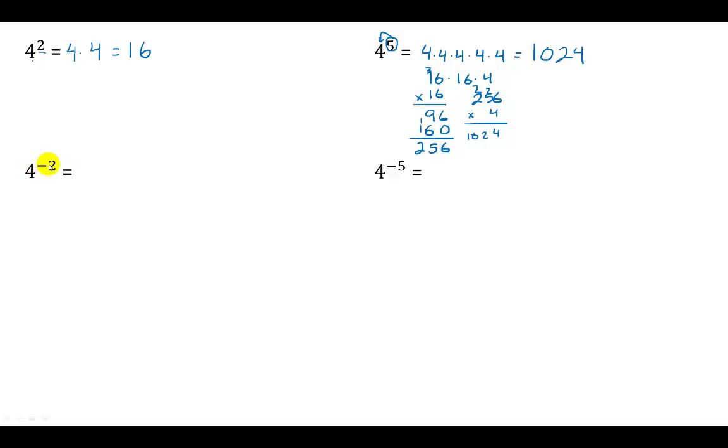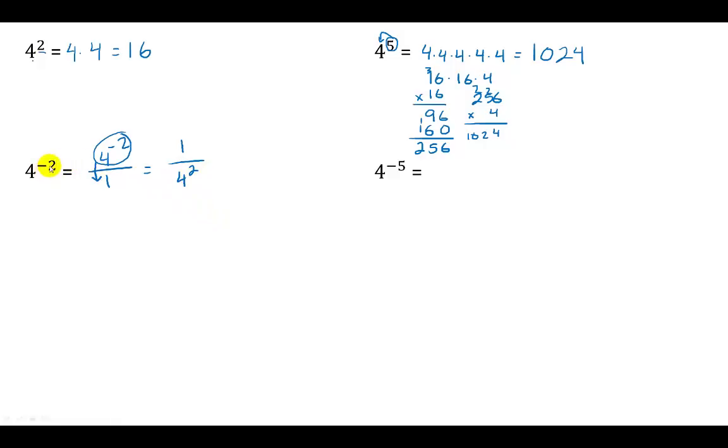We can't deal with negative exponents, so what we do instead is, if we have 4 to the negative 2nd, well, 4 is really a whole number, it's over 1. To work with 4 to the negative 2nd, we have to push it to the other side of the division line. So this becomes 1 over 4 squared.